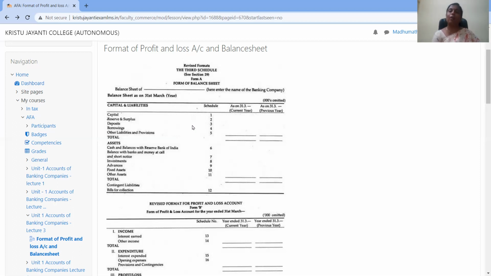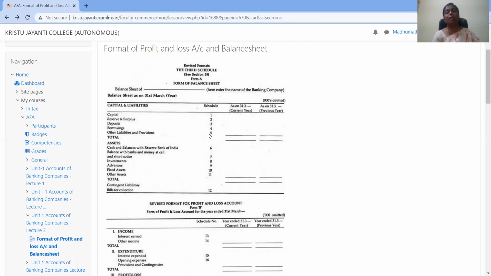Being a bank, if you have borrowed from any other financial institution or your co-bank, then it will be reflected under your schedule number 4. If you have borrowed any amount, short-term or long-term borrowings, those borrowings will be reflected under schedule number 4. Next is our other liabilities and provisions, which is schedule number 5.